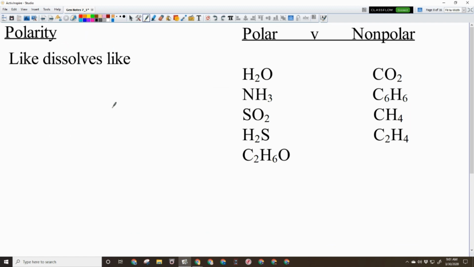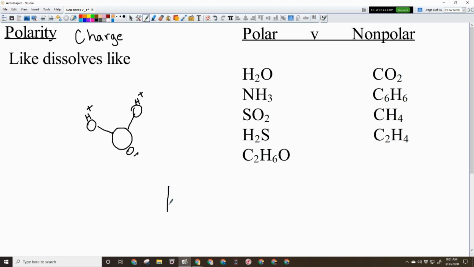All right, so let's talk about polarity. Polarity is, remember what I said a while ago, a charge that's on a molecule. So if we have like water, let me show you what I mean by charge. And it's only a very slightly partial charge. So here we have the two hydrogens that are on water, and then we have the oxygen. Now we know oxygens are negative and hydrogens are positive.